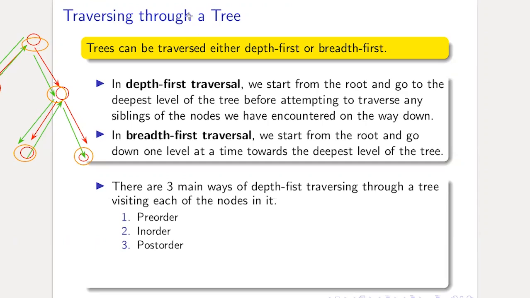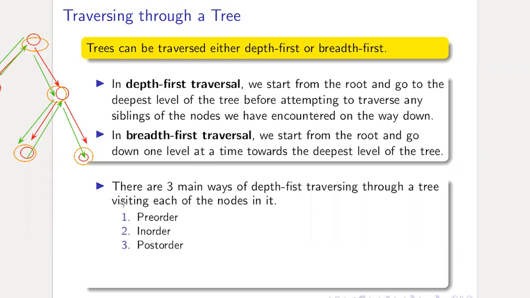When you do the depth first traversal, where you go to the deepest and then come back and then go to the deepest again like that, there are three ways of traversal, which are called pre-order, in-order, or post-order. The reason I'm mentioning these traversal methods is that this is a key aspect of using a binary tree data structure, and later I will give you examples of how this kind of traversal is useful for solving problems.